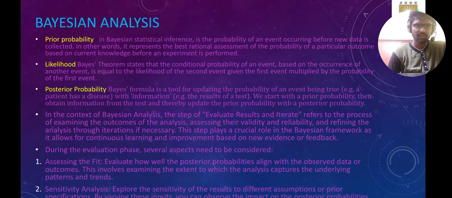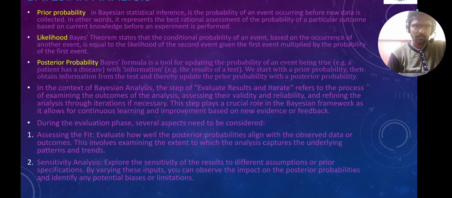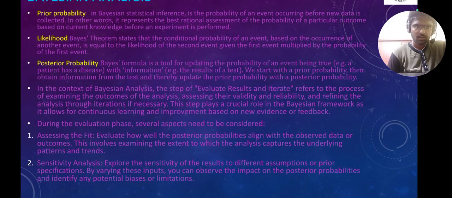Bayes' theorem states that the conditional probability of an event based on the occurrence of another event is equal to the likelihood of the second event given the first event multiplied by the prior of the first event.